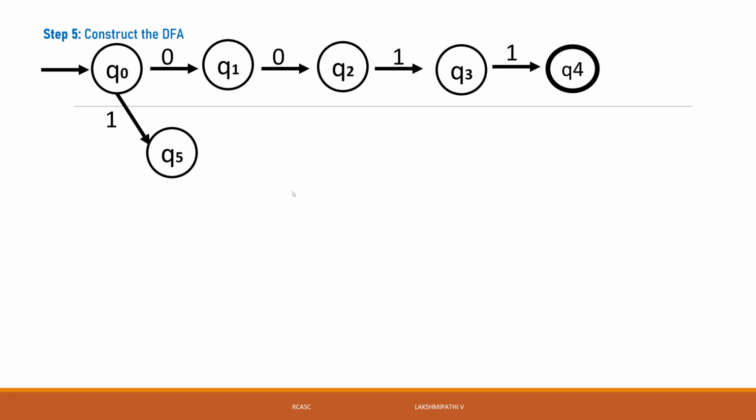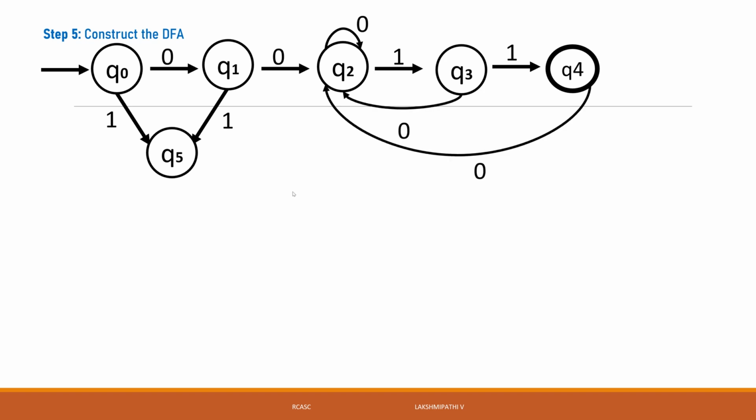Q1 of 1 is also Q5. Then Q2 of 0 is Q2 only, Q3 of 0 is Q2 only, Q4 of 0 is also Q2, then Q4 of 1 is Q4 only, and Q5 of 0 and 1 is Q5 only.